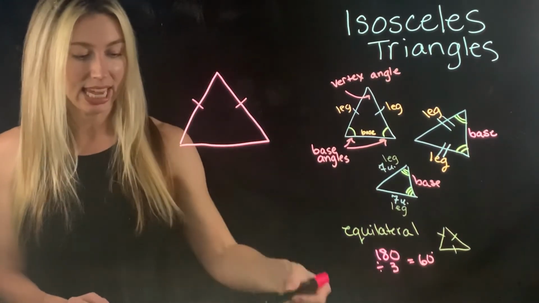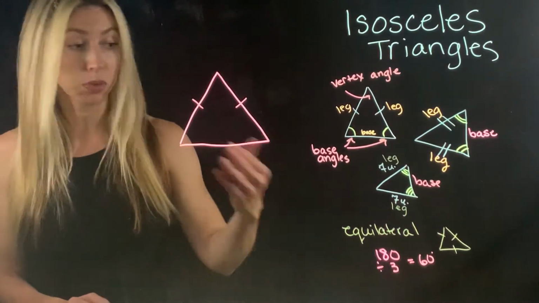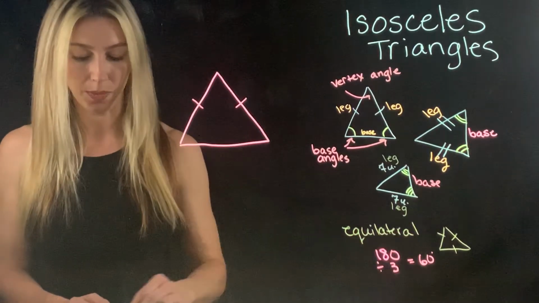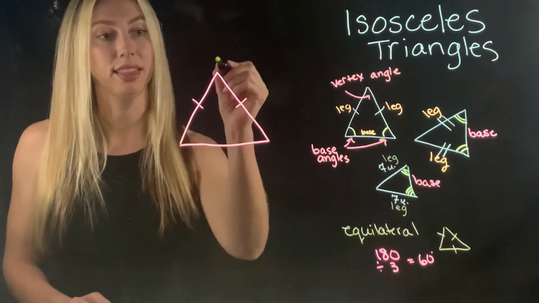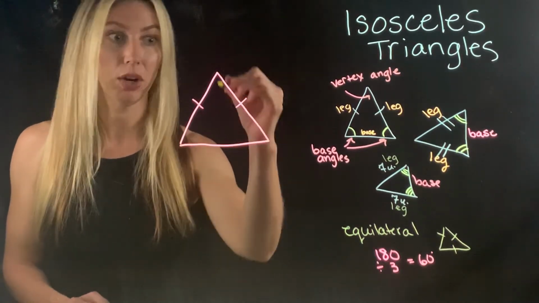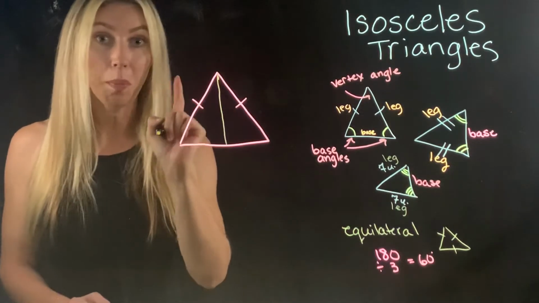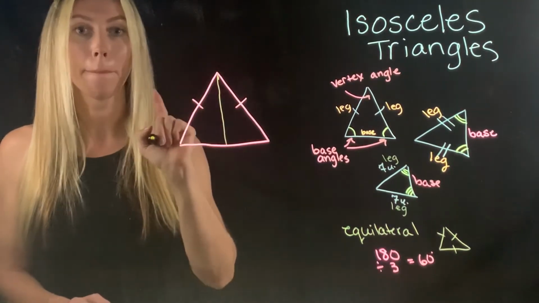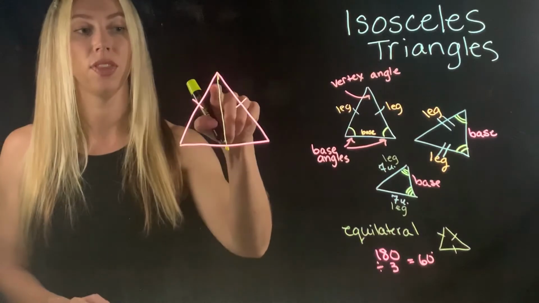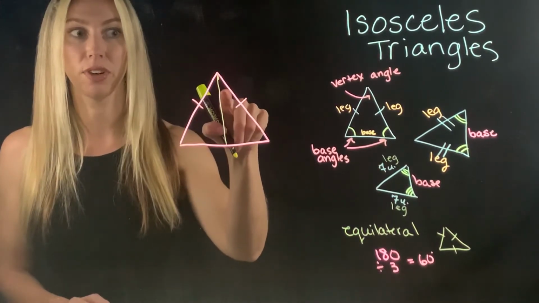So the really neat thing about an isosceles triangle, and this would also be true for an equilateral triangle, is that if you draw a line exactly down the middle, and you make sure that that line bisects the top angle, bisects the vertex angle.